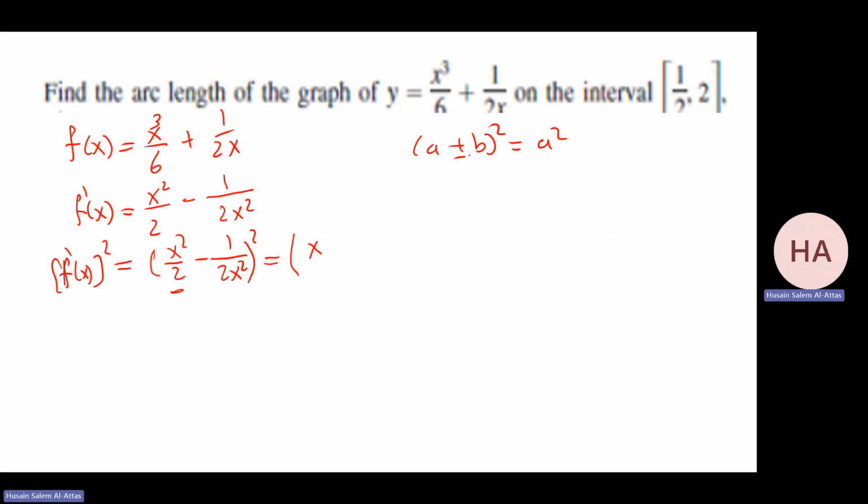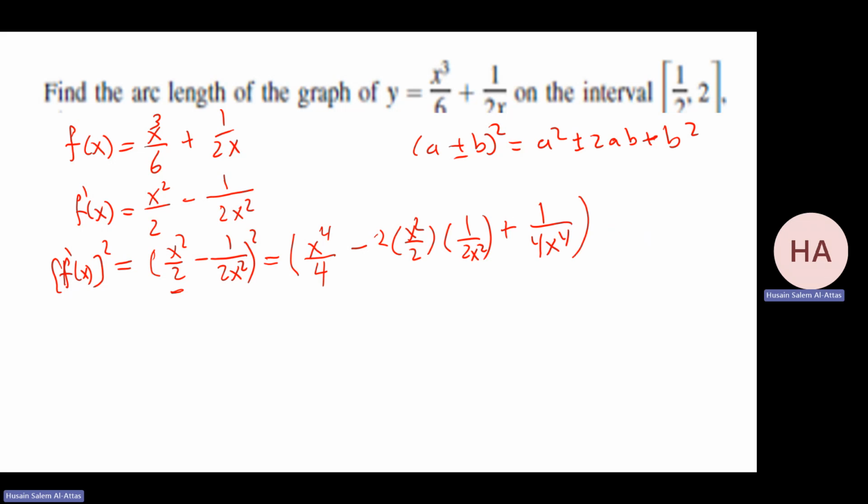That will be a squared plus or minus 2ab plus b squared. Okay, so I have x to the power 4 over 4 minus 2 times this, so it will be minus 2 times x squared over 2 times 1 over 2x squared, plus 1 over 4 x to the power 4.